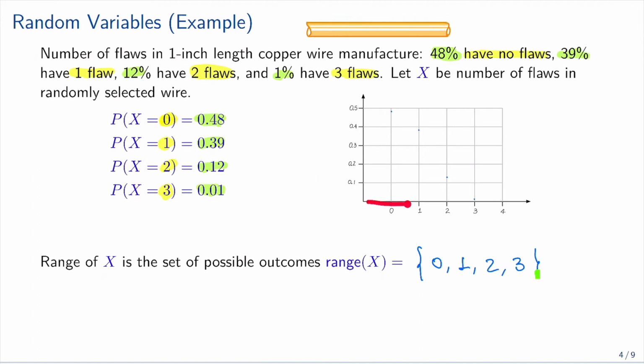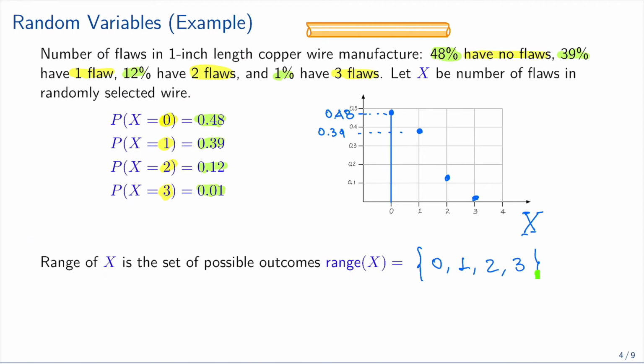In the horizontal axis, we have our x variable, and in the y, we are plotting the probabilities. So when we have no flaws, 0.48. In the case of 1 flaw, we have 0.39, and so forth. So we can see that because we have a discrete variable, the probabilities are just dots in our diagram.